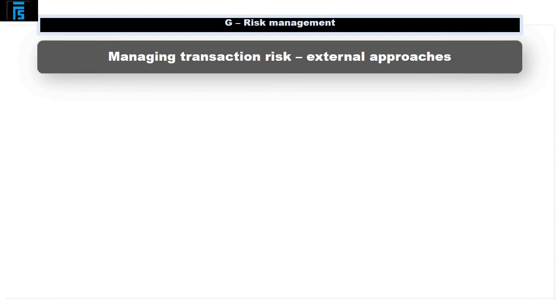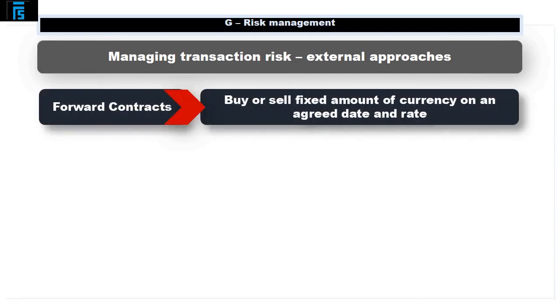Forward contracts are an agreement to buy or sell a fixed amount of currency on an agreed date at a rate that is agreed now. They work in exactly the same way as an exchange at spot. However, there is usually a larger spread between the buy and sell rates quoted.